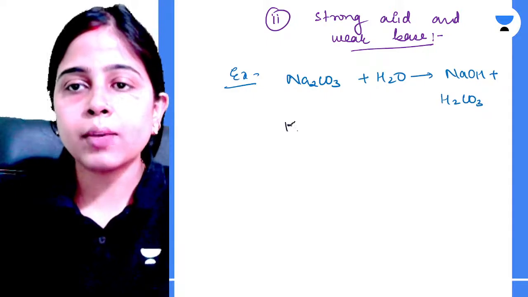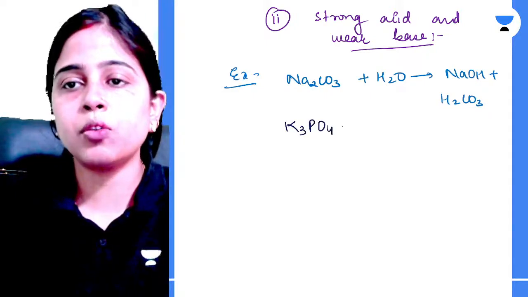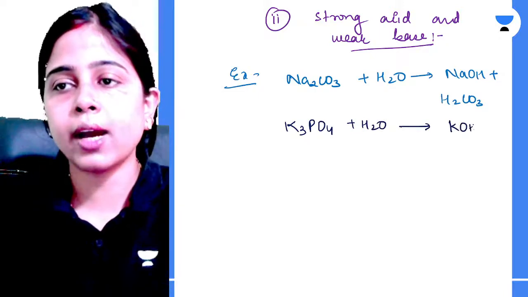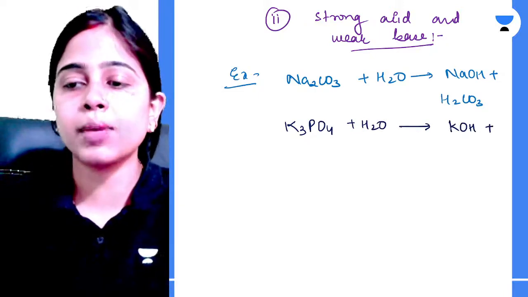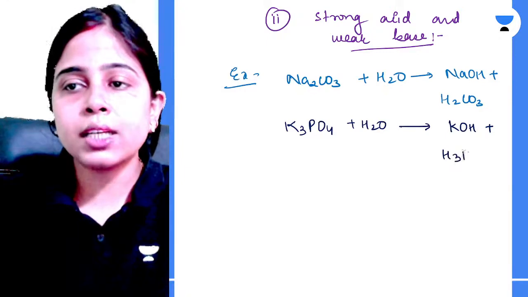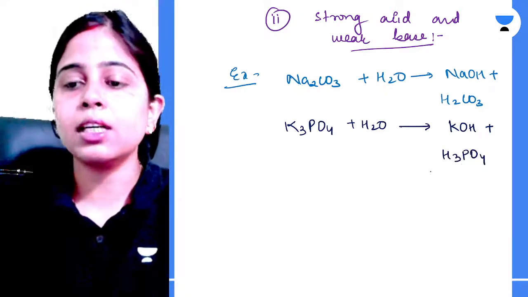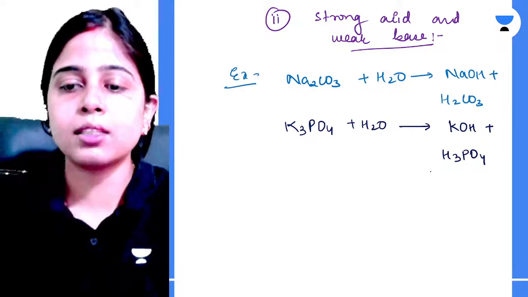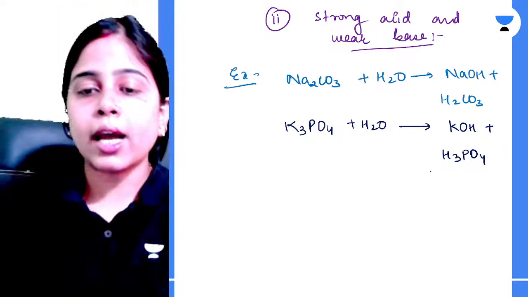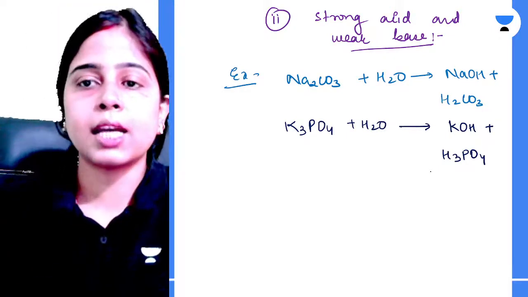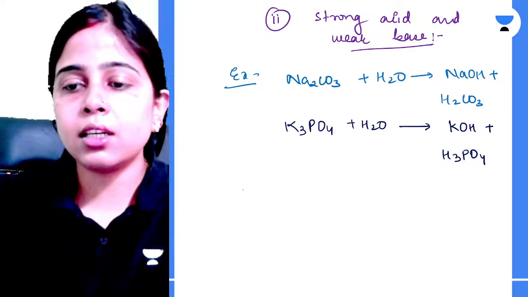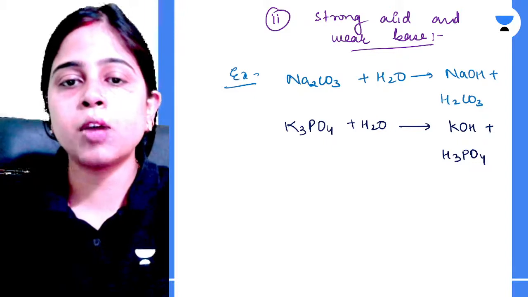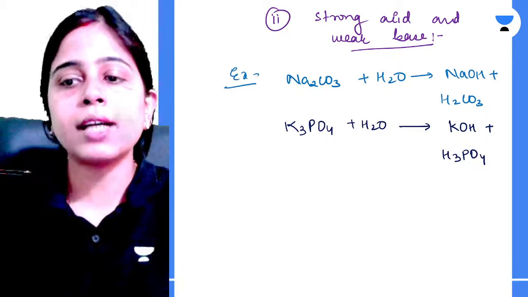Now if you take potassium phosphate K3PO4, and if you dissolve it in water, it will produce your potassium hydroxide, which is a very strong base, and phosphoric acid, which is a weak acid. Clear? So these are the hydrolysis of basic salts, that is a salt formed by the action of strong base with weak acid. Second is the example of your acidic salts, where the salts are formed by the reaction of strong acids and weak base.